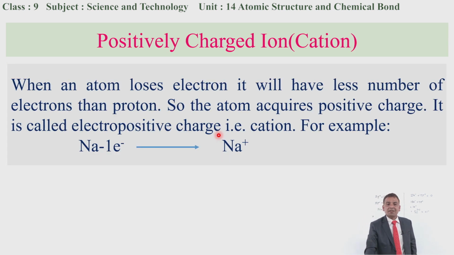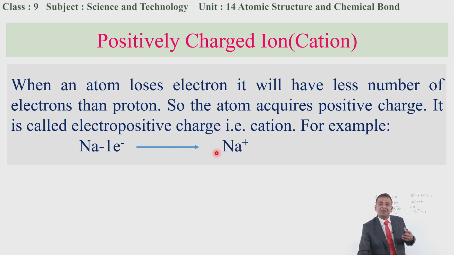Some of the ions are positively charged. In the context of sodium, sodium has lost 1 electron, so it gains a positive charge, because there will be more protons than electrons. So we write it as Na plus, because sodium metal has lost 1 electron and has acquired the positive charge.